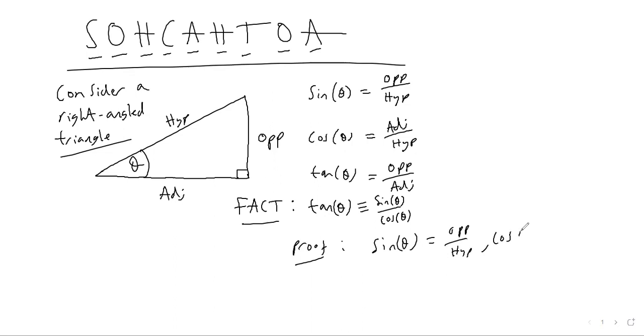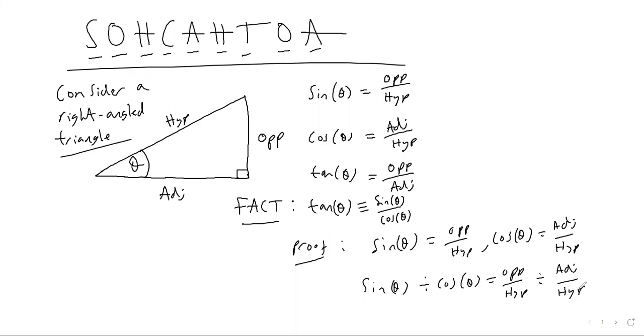Cos theta is the adjacent divided by hypotenuse. So that means that sin theta divided by cos theta is equal to opposite over hypotenuse divided by adjacent over hypotenuse. Now, when you divide fractions, you keep the first one, you change the divide to a times sign, and then you flip the last fraction.